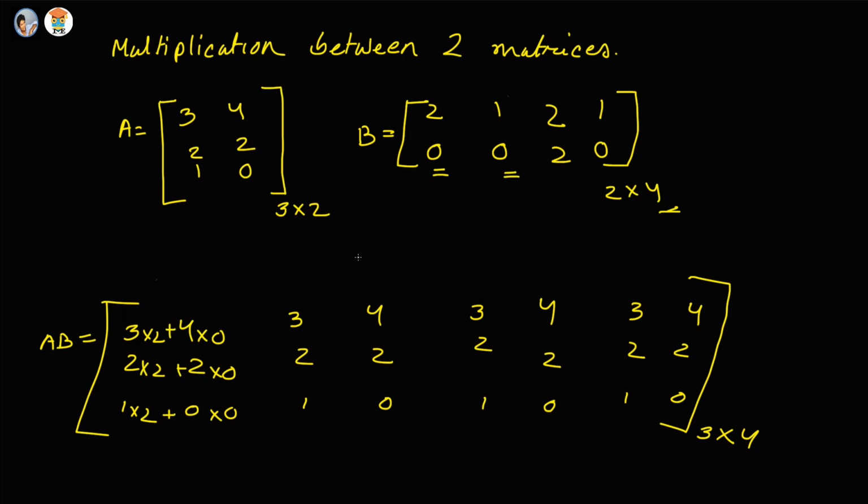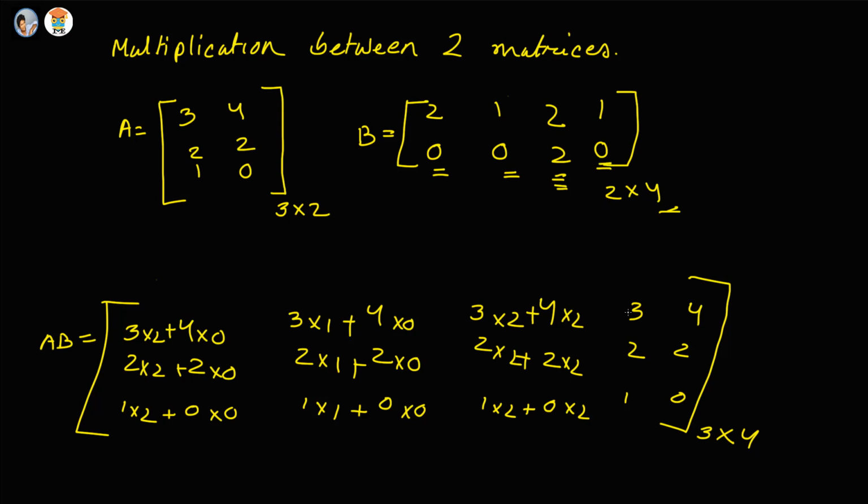Take the second column, into 1, into 0, repeated, plus, plus, plus. Take the third column, into 2, into 2, repeated, plus, plus, plus.